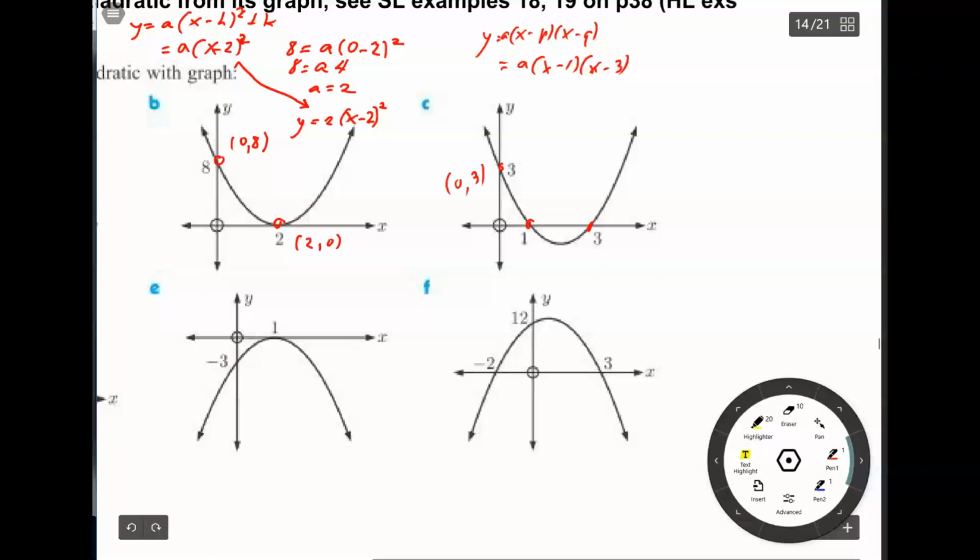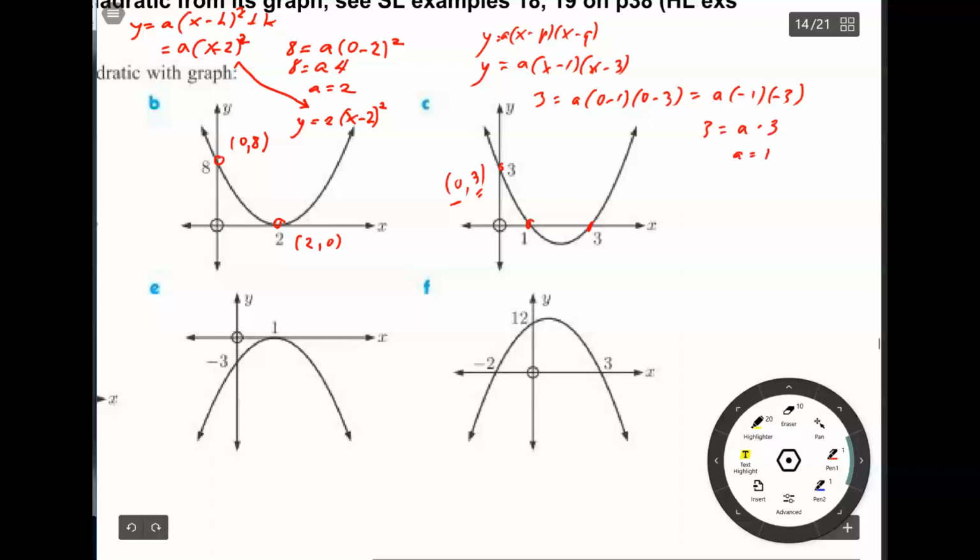And now we're going to find out what a is by putting 0 in for x and 3 in for y, so we end up with 3 equals a times 0 minus 1 times 0 minus 3, which is equal to a times negative 1 times negative 3. So 3 equals a times 3, so a is equal to 1.